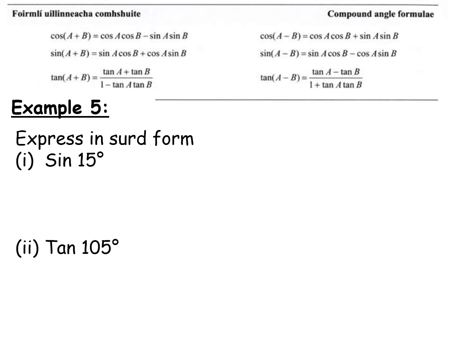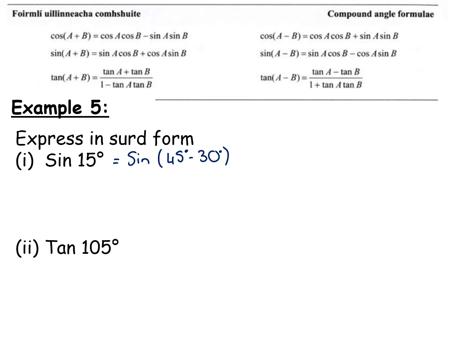Now, here are a few different ways we could do it. 15 degrees is not going to be two things added together, but the 15 degrees could be made up of 45 degrees minus 30 or 60 minus 45. Either will work. I'm going to write this as sine of 45 degrees minus 30 degrees.